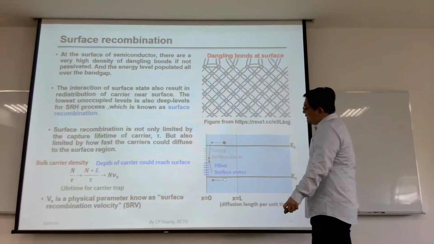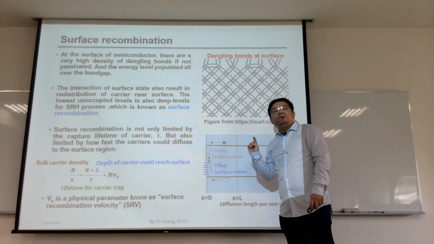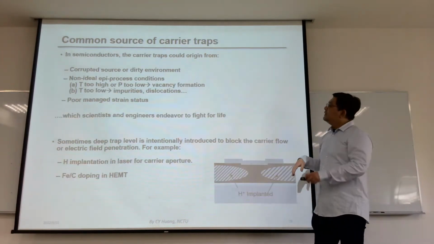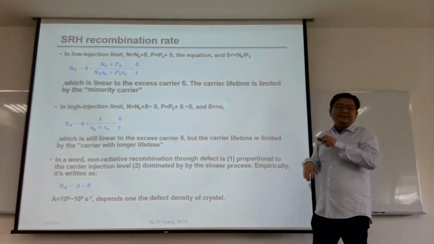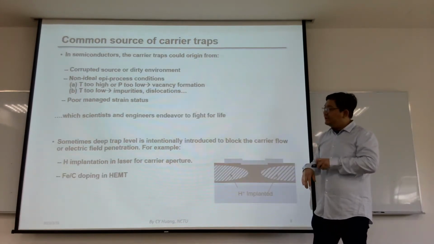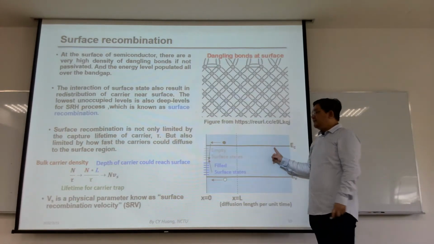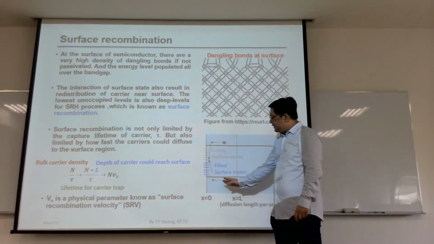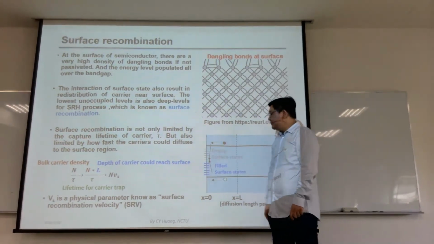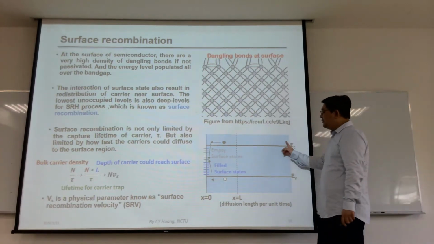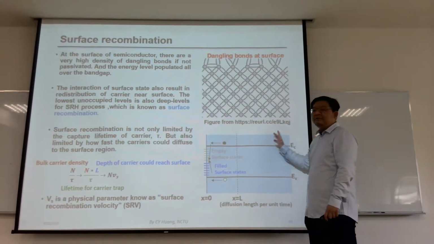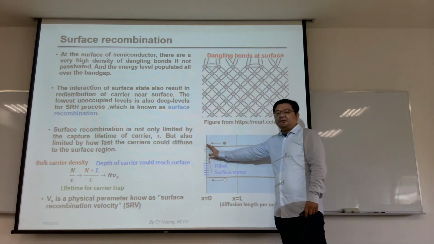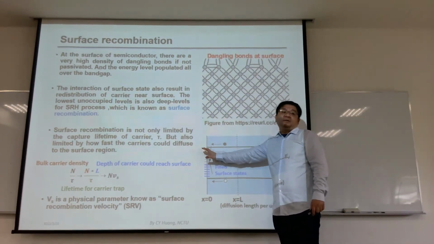So the general mechanism is the same as the Shockley-Read-Hall recombination. The only difference is that it only happens at a position near the surface. So if the carrier is away from your surface, the surface recombination doesn't matter.